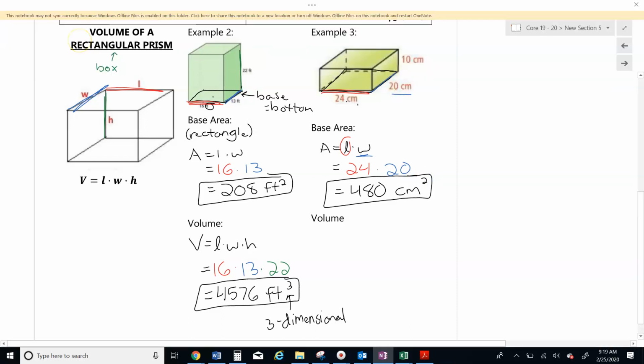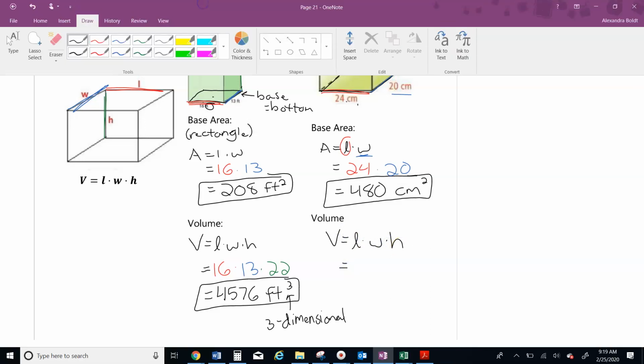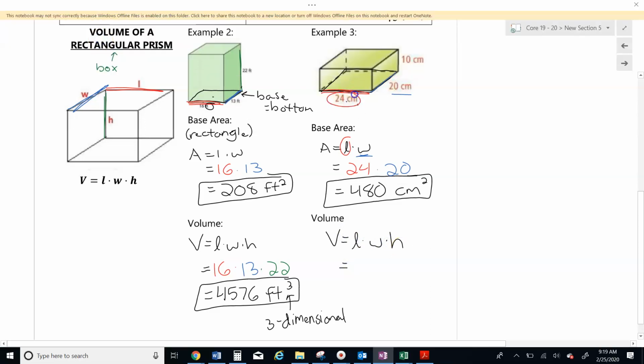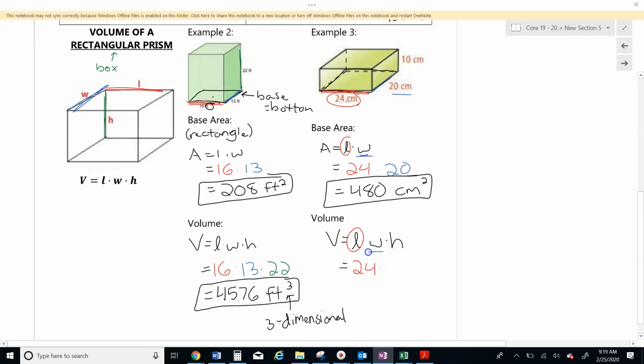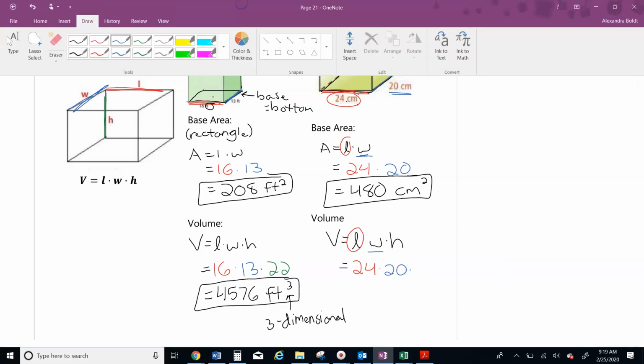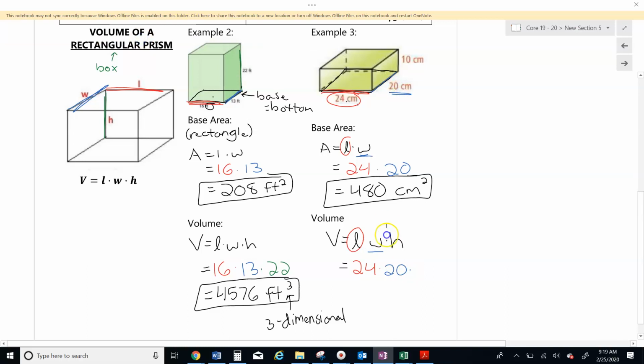Same idea for volume. Volume equals length times width times height. Again, our length is 24. Our width is 20. And our height is this 10.